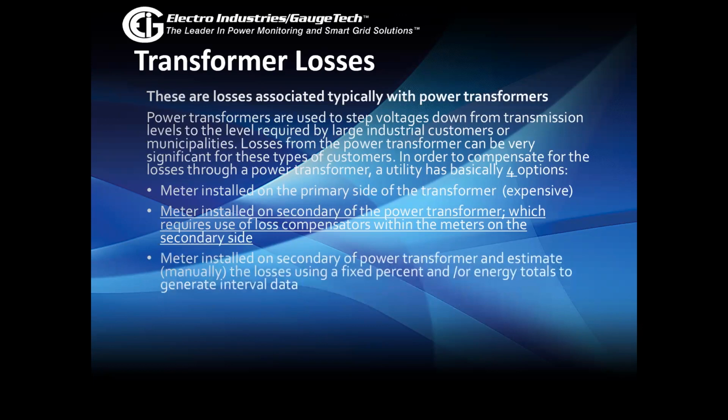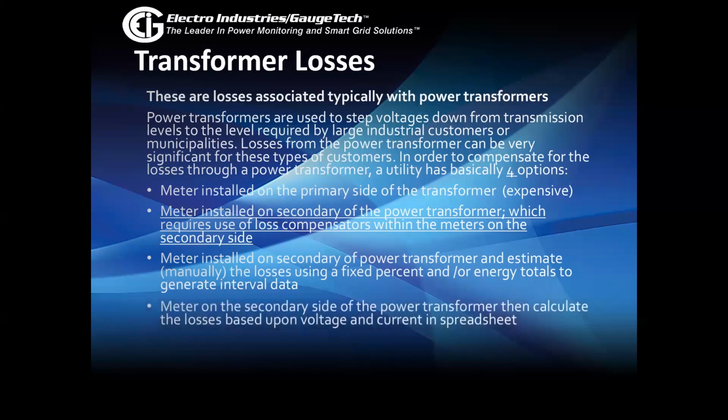Then we have the third option, the meter installed on the secondary of the power transformer, where we manually estimate the losses. Typically in a spreadsheet format, you would have a fixed percentage and or energy total to generate interval data if you need it. And then the fourth option is the meter on the secondary side of the power transformer, where you have to calculate those based on voltage and current in the spreadsheet.